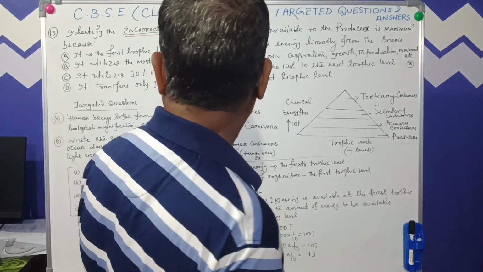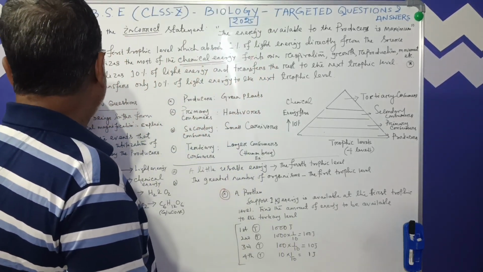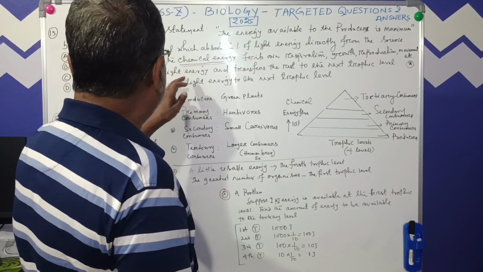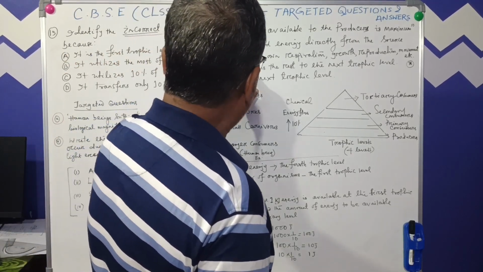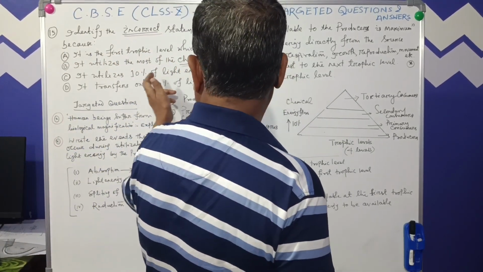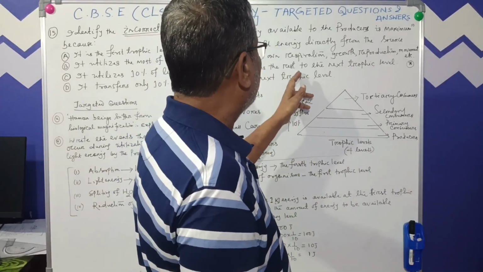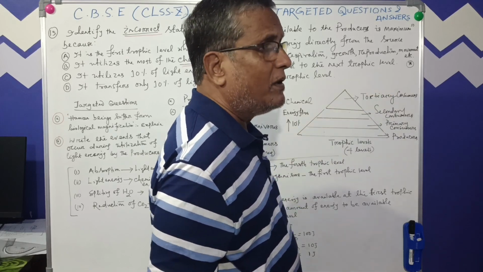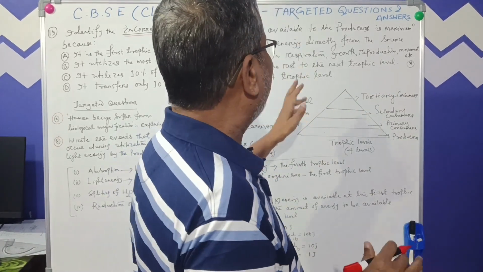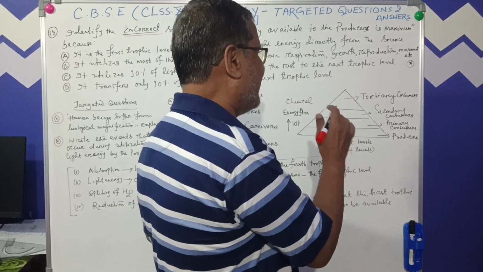You have already learned this. Option C: it utilizes 10% of light energy and transfers the rest, means 10% utilized and 90% transferred to the next trophic level. It is called a misguiding stem, and this is not correct.